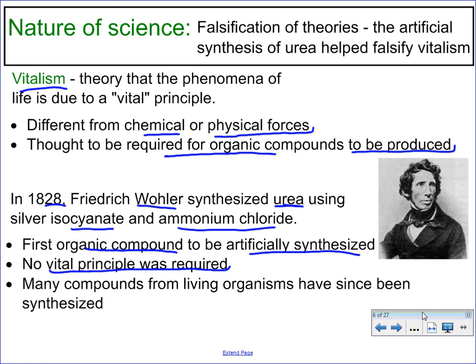It was very basic compounds that he was using, and he created urea. Many compounds from living organisms have been created since, and this has shown that the theory of vitalism does not hold true.